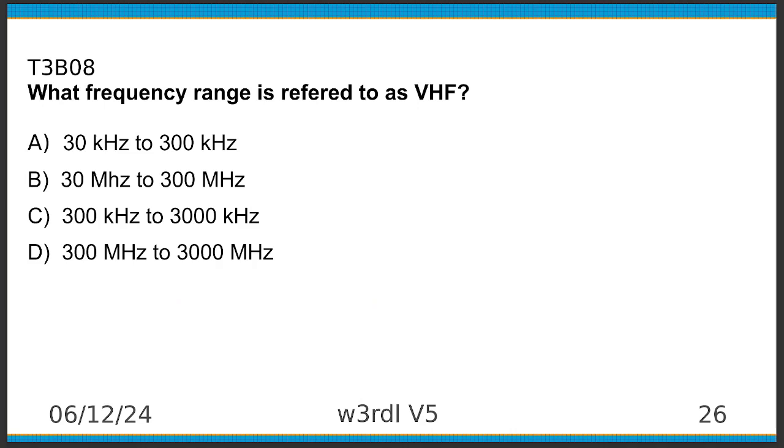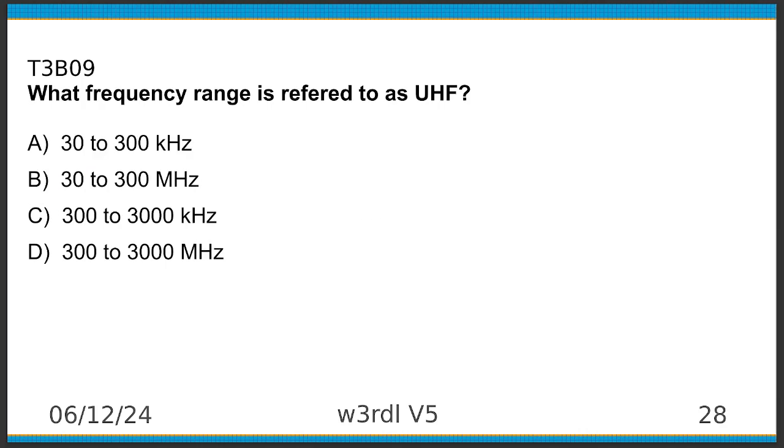Okay, what frequency range is referred to as VHF? Remember to look at the unit of measure. Bravo. What frequency range is referred to as the UHF frequency range? Delta, 300 to 3000.